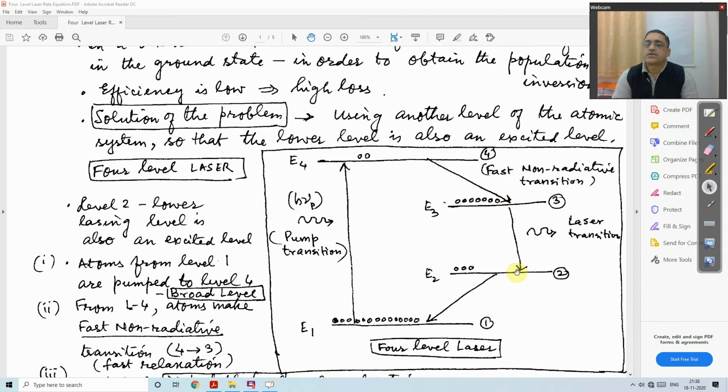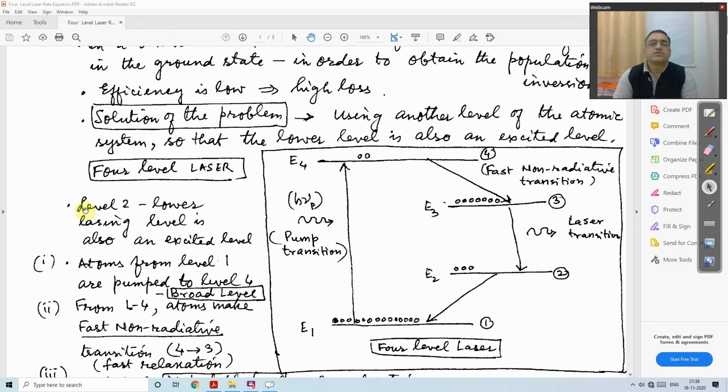Then under the action of a lasing radiation, the laser action takes place from the metastable level 3 to the subground level 2, and that you may call a virtual ground level also, and from there a fast non-radiative decay takes place to the ground level ultimately.